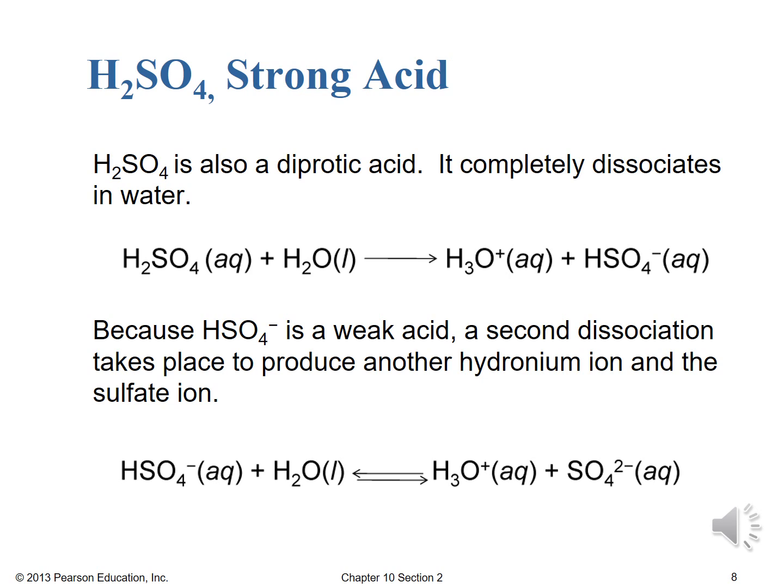But that conjugate base is a weak acid, and therefore it's an equilibrium process, although as weak acids go, this one does go pretty far to the right, but it's not a complete reaction. There is still a sizable amount of hydrogen sulfate left, and also a notable amount of sulfate left when we have this second dissociation go on.